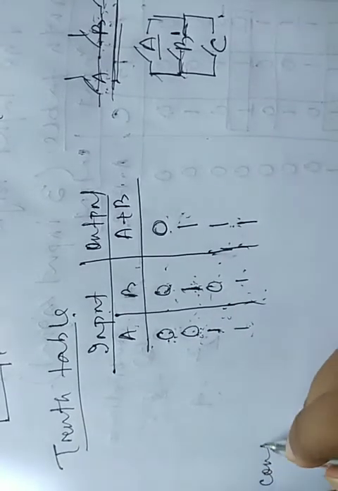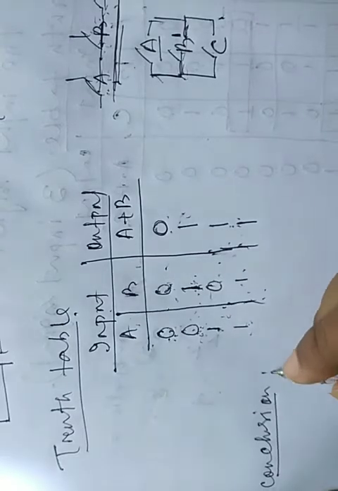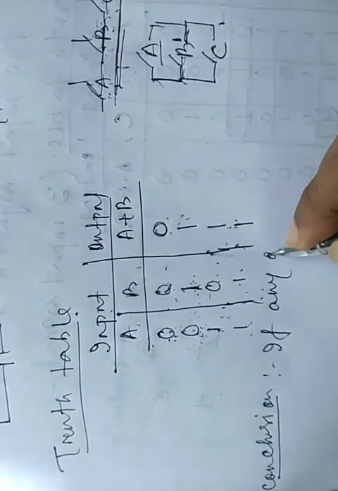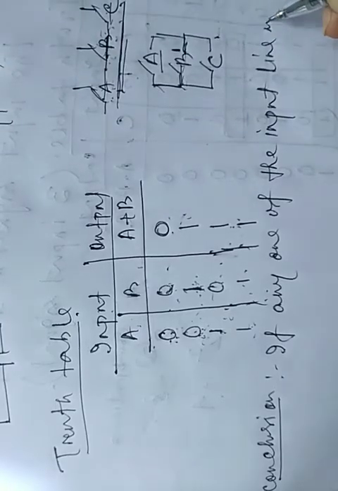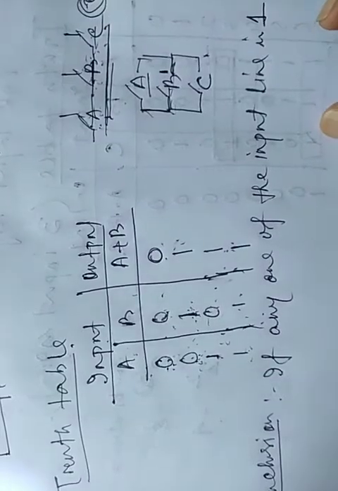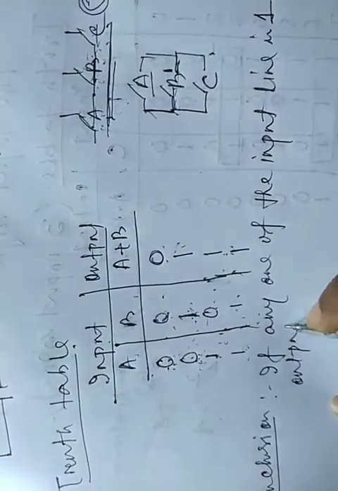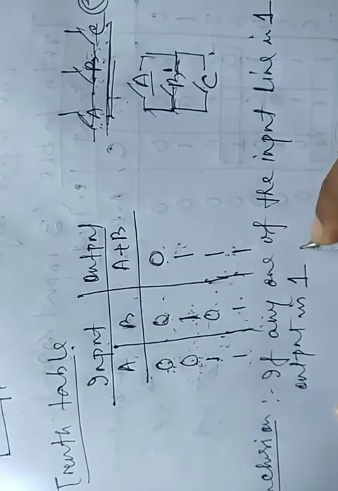So our conclusion is, if any one of the input lines is 1, output is 1, and if all the input lines are 0, output is 0.